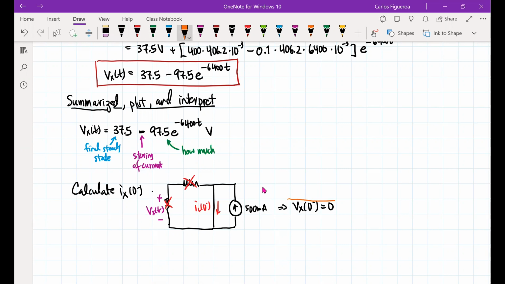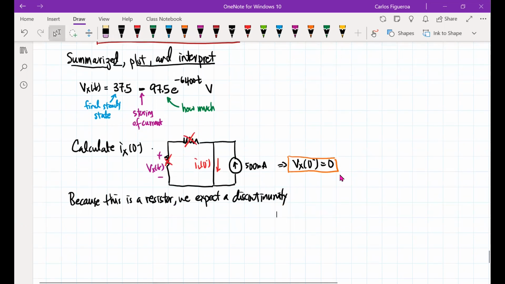Okay. Now, because this is a resistor, we expect a discontinuity, where Vx of 0 minus should not be the same as Vx of 0 plus.